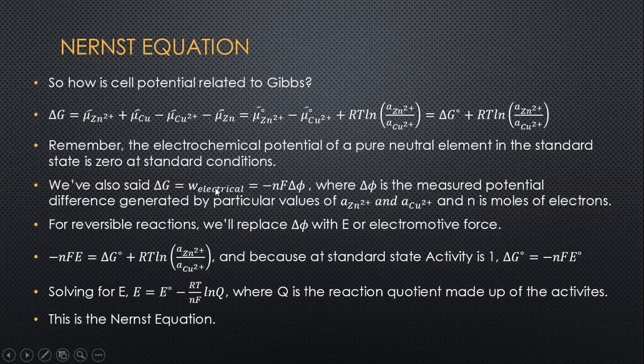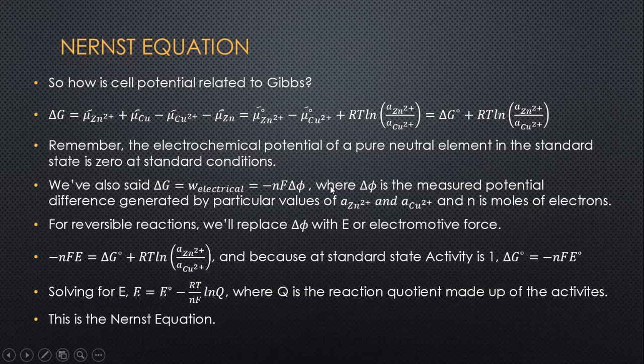We also said that delta G non-standard is equal to electrical work, which can be calculated by negative moles times Faraday's constant times the change in electrical potential. And this can be measured by the potential differences generated by the particular values of activity of zinc and activity of copper.